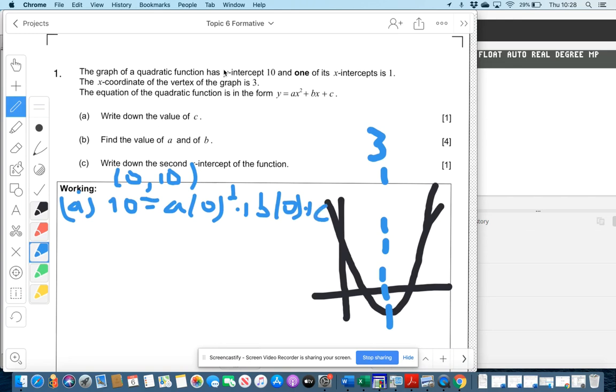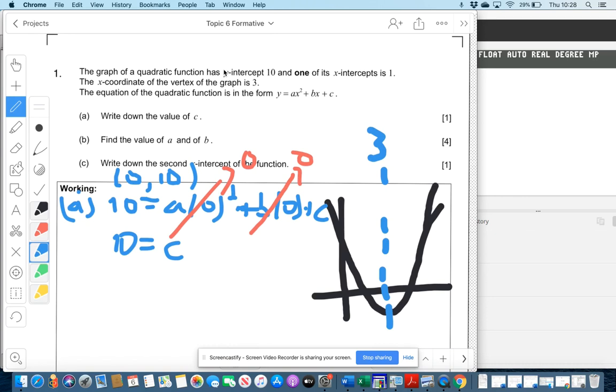So if we evaluate that, this term and this term are actually 0. So when I'm all done, I end up with 10 is equal to c. That is the value of c for the y-intercept.